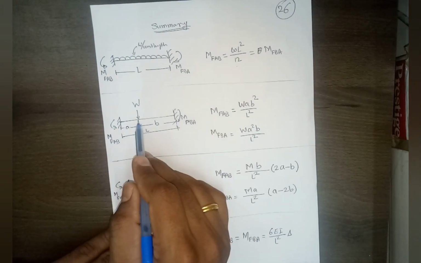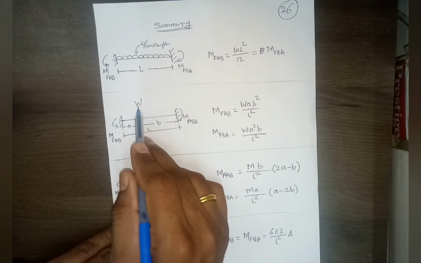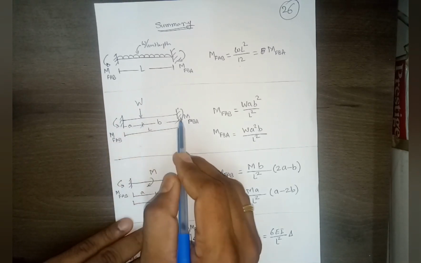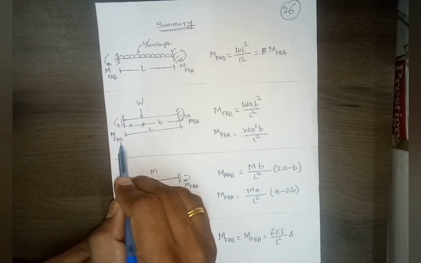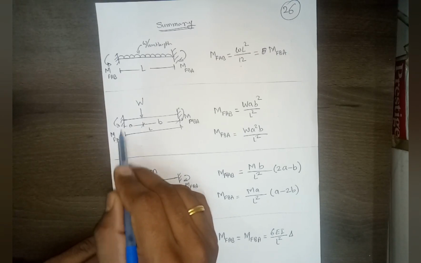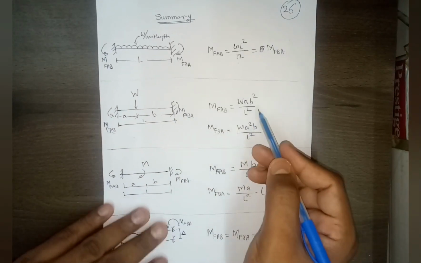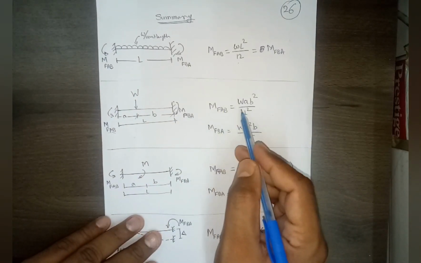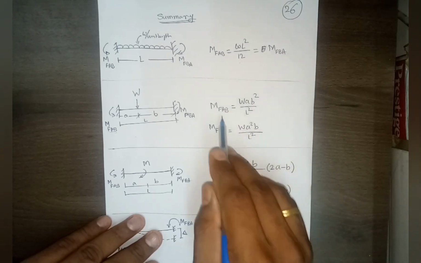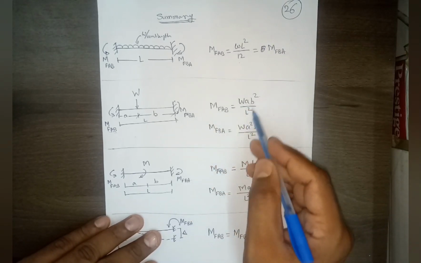Then for the second case, if there is an eccentric load, you have a moment of MFAB, which is again anti-clockwise, and this will be clockwise. Both values are different but look similar: W A B square by L square.